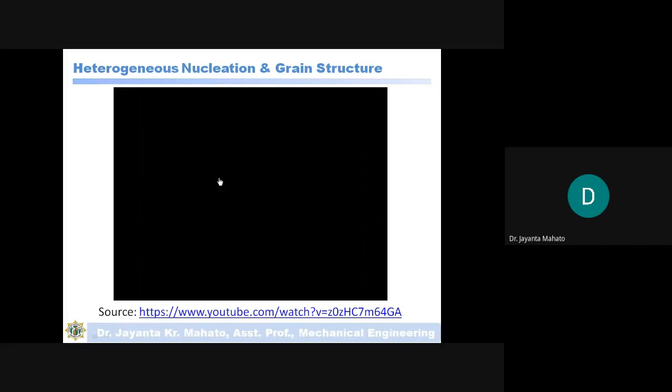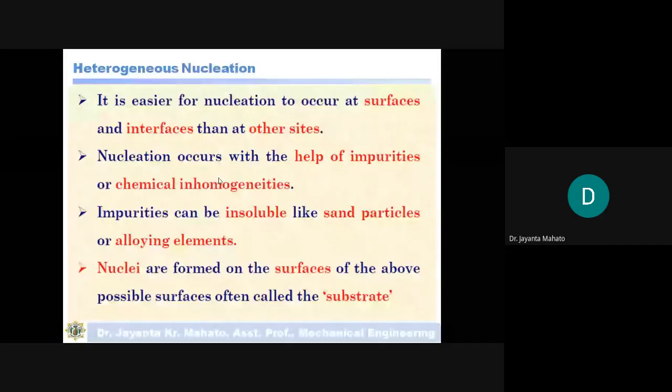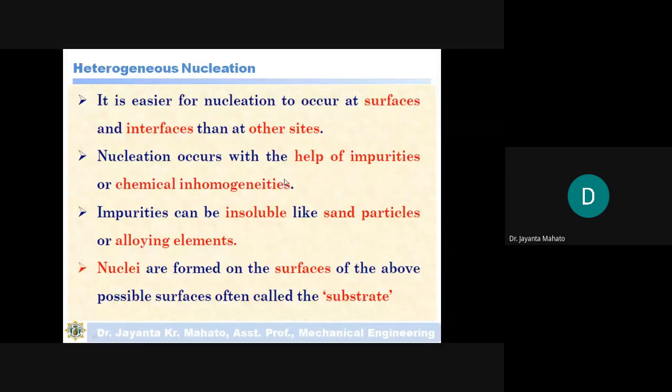So heterogeneous nucleation is easier, since nucleation occurs at surfaces and interfaces rather than at other sites. It is easier for nucleation to occur at the surfaces and interfaces. Why does heterogeneous nucleation occur at the surfaces?